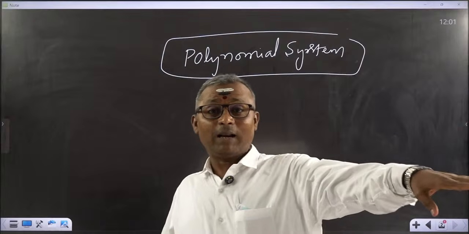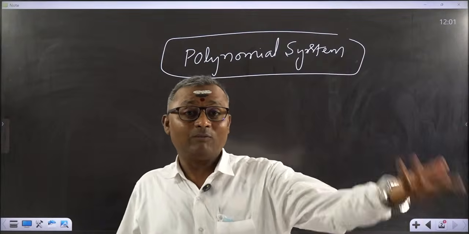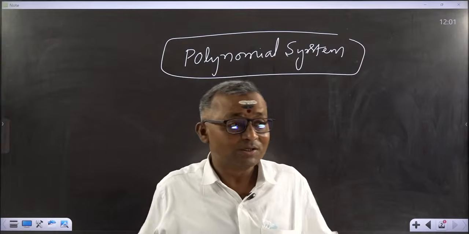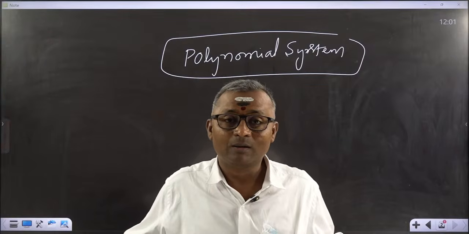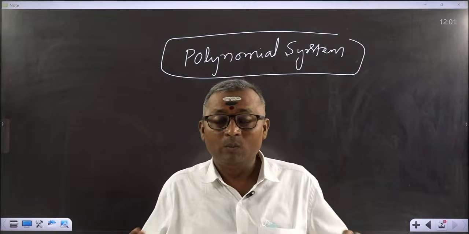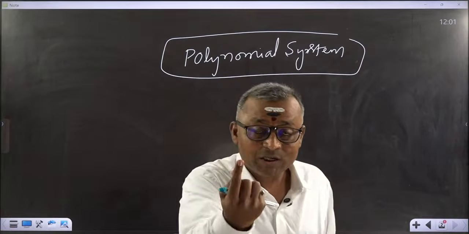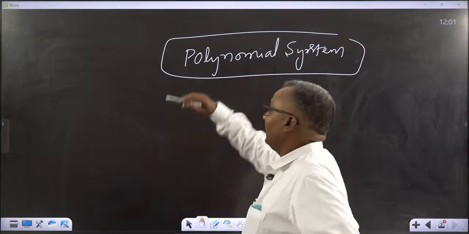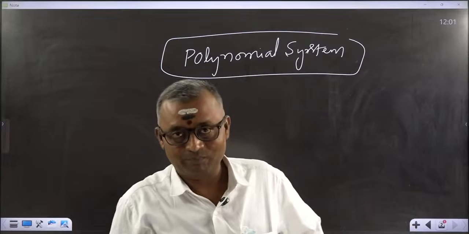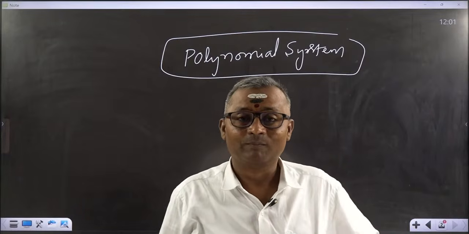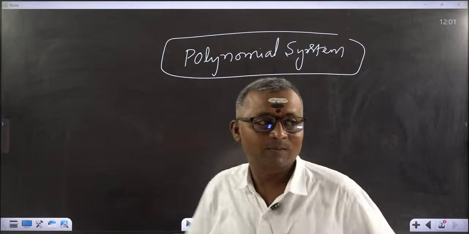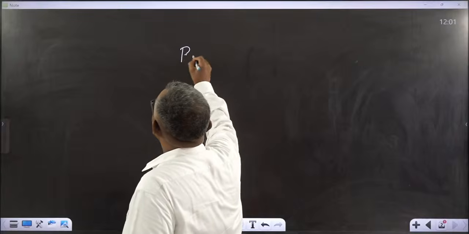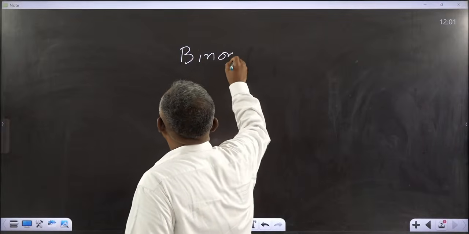There were also some plants that were given a name with 100 words. Is it possible for normal people or a layman to remember that many names for each individual organism? It is very difficult. That's why this polynomial system was then replaced by binomial system of nomenclature.